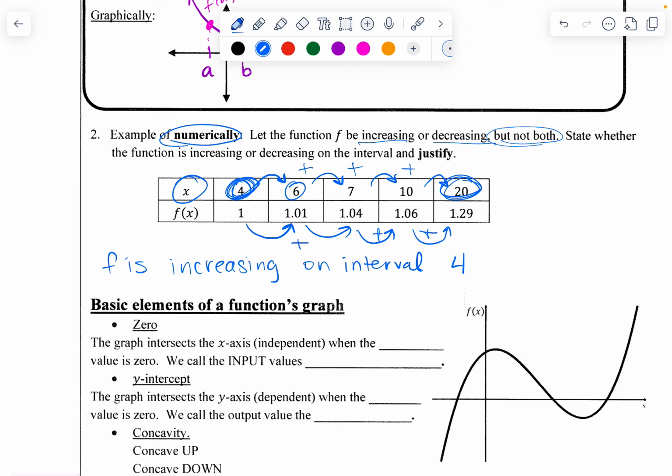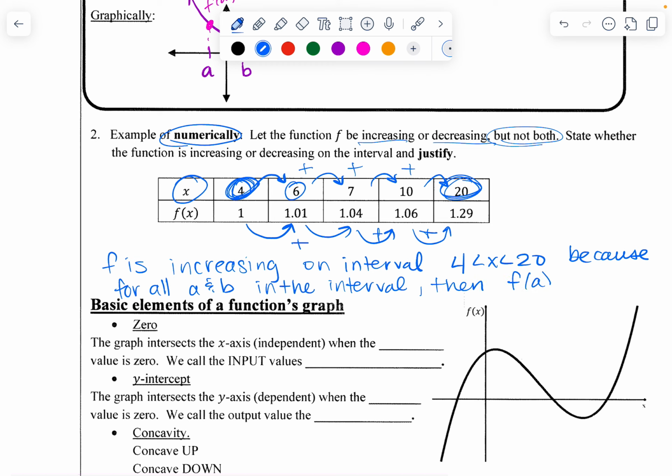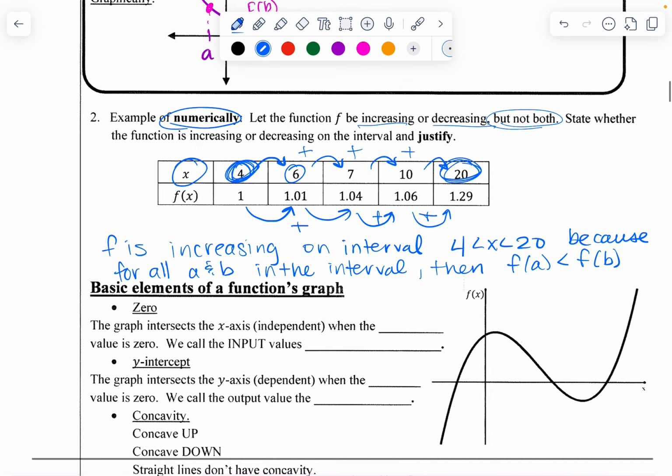So x is between 4 and 20, because for all values a and b in the interval, the function value of a is always less than the function value of b.